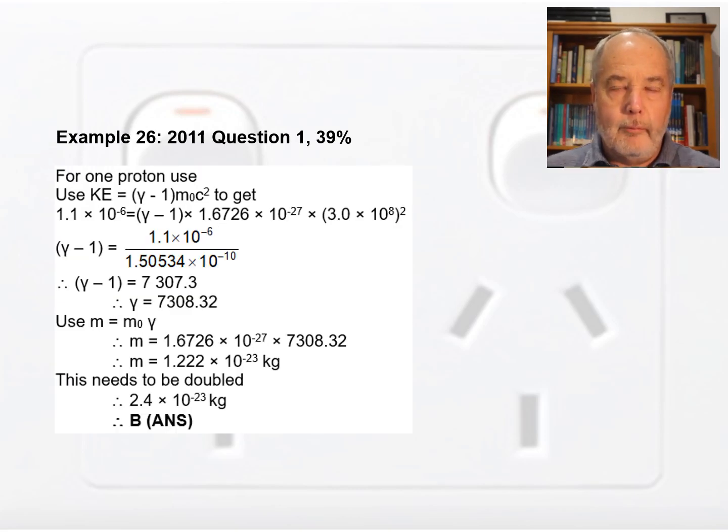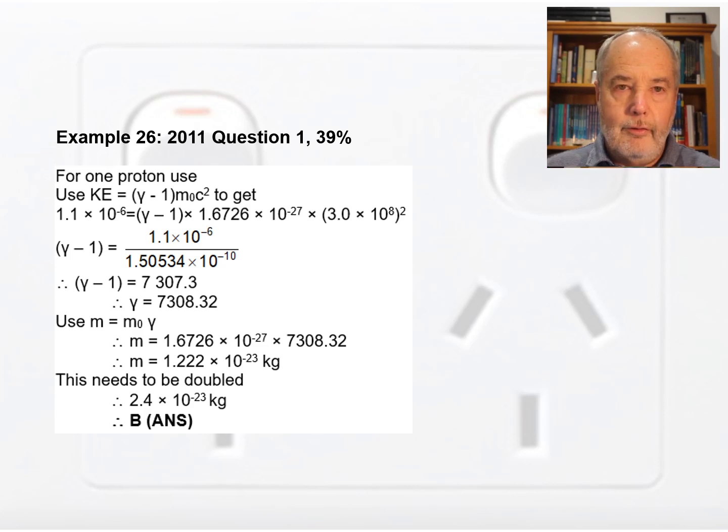This question wasn't done particularly well, with only 39% of the students being successful. We start off to find the kinetic energy of each proton. Use gamma minus 1 is equal to the kinetic energy over m naught c squared, which gives me that gamma is equal to 7,308.32.